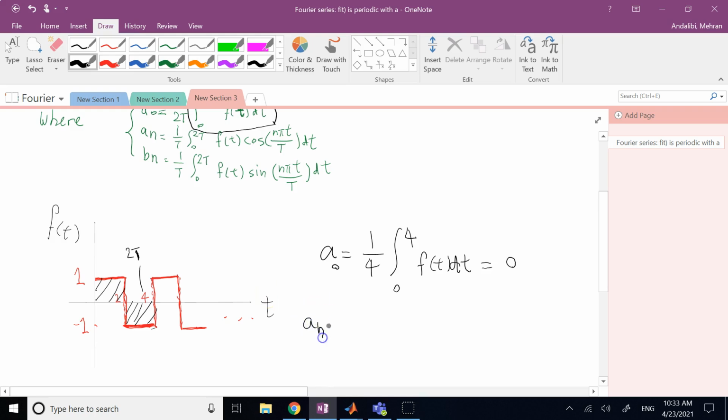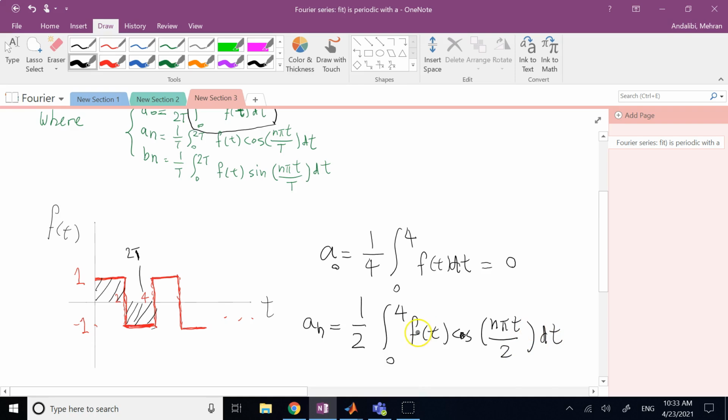So an is 1 over t, and t is 2. Integral from 0 to 4 of f of t, and then cosine of n pi t over 2 dt.